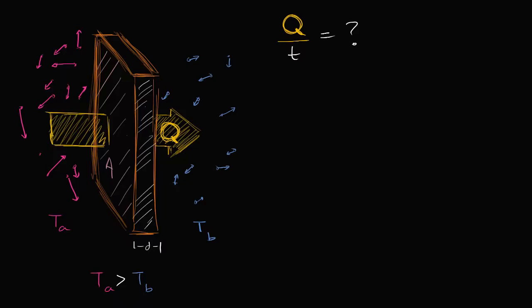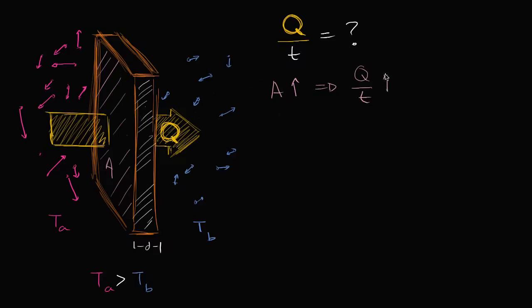So for example, if our contact area were to go up, what would that do for Q over T? Well, then Q over T would also increase per unit time because I have more area for these hot air molecules to bump into, and they'll heat that wall, and then there'll be more heated wall to heat up the colder air particles.